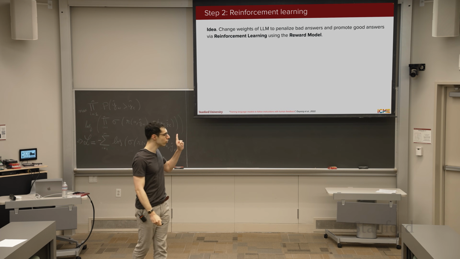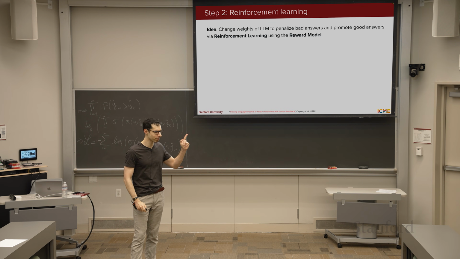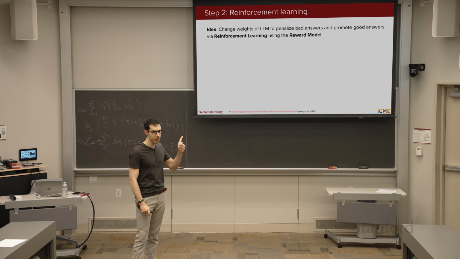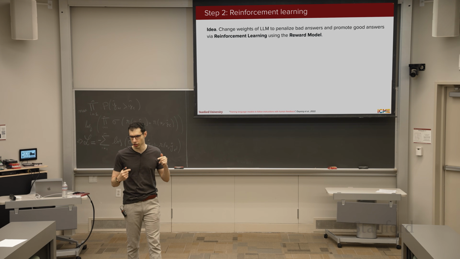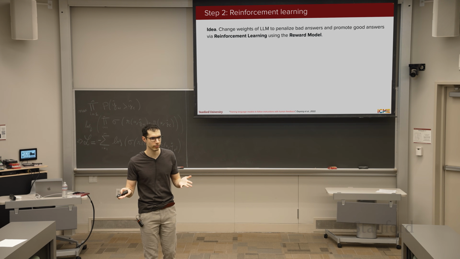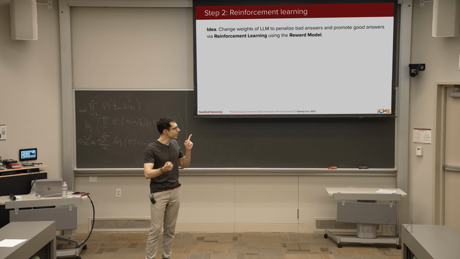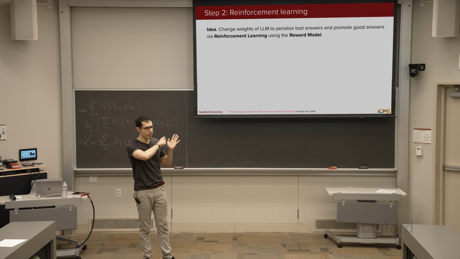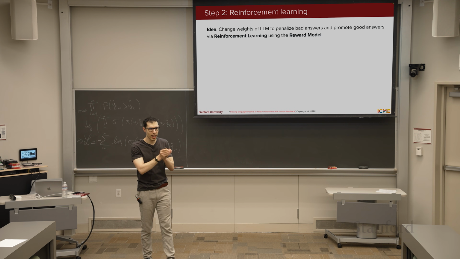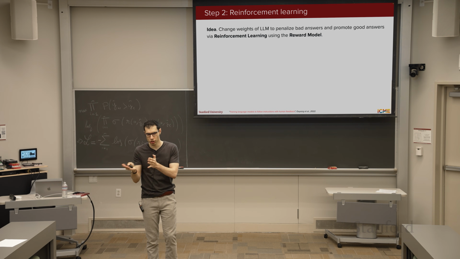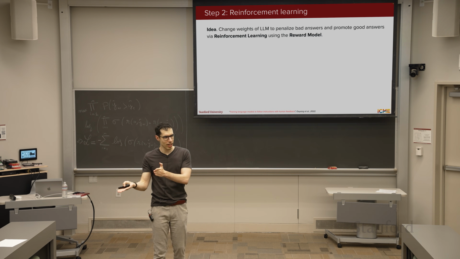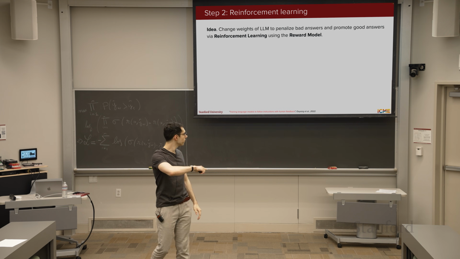We're going to do that using reinforcement learning, and using the reward model that we just constructed. The reward model is the model that we obtained in step 1, and it allows us to distinguish good outputs and bad outputs.